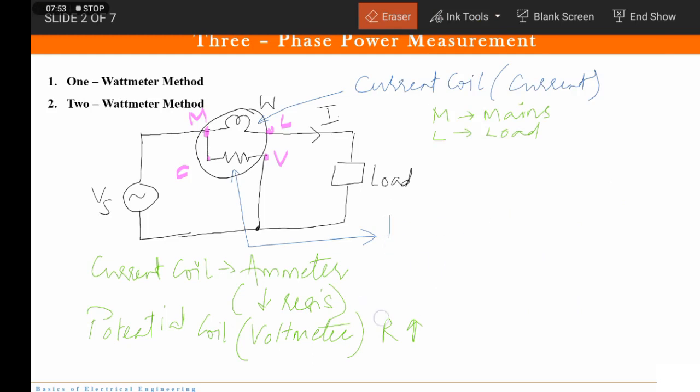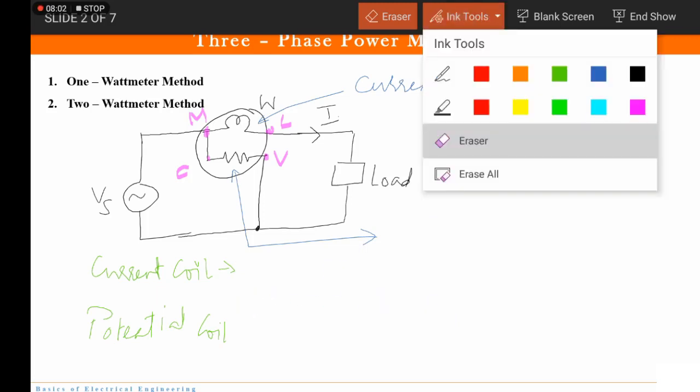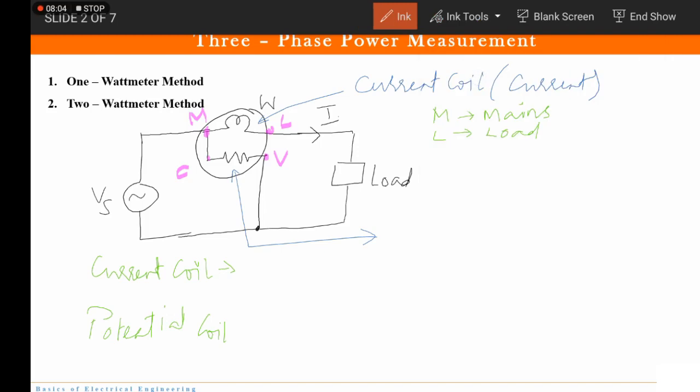I just want some space, so I am erasing this. Yes. So the reading of the wattmeter is represented by W, and it actually gives me the voltage across the pressure coil multiplied by the current. Which current? The current flowing through the current coil, multiplied by the power factor as well.